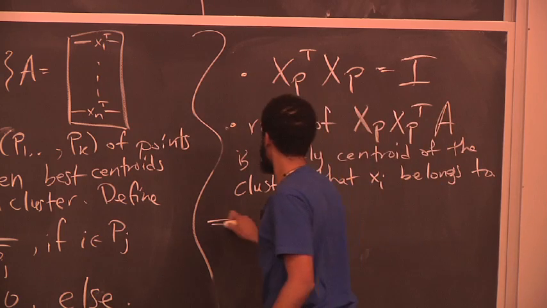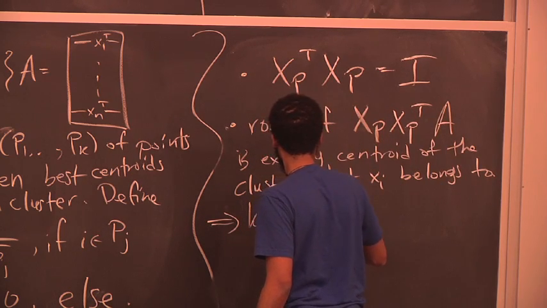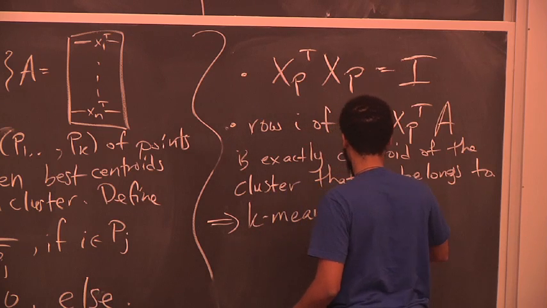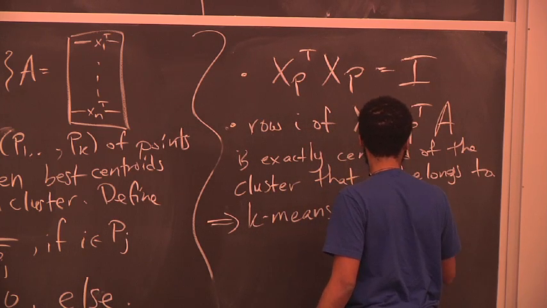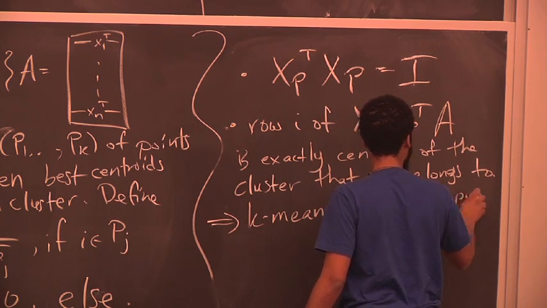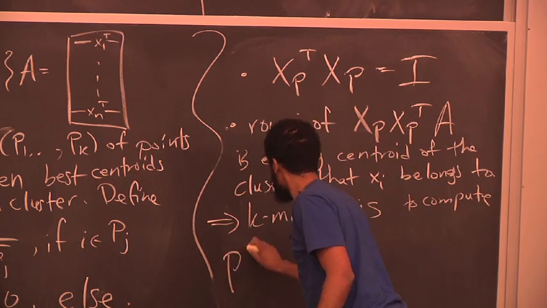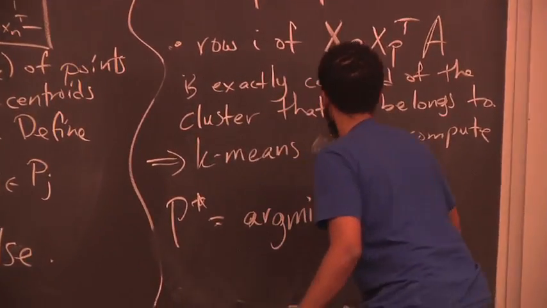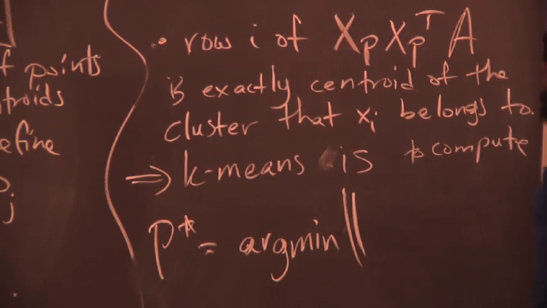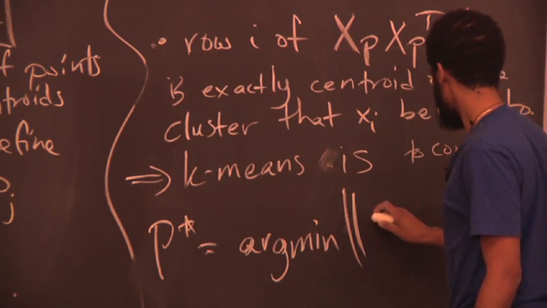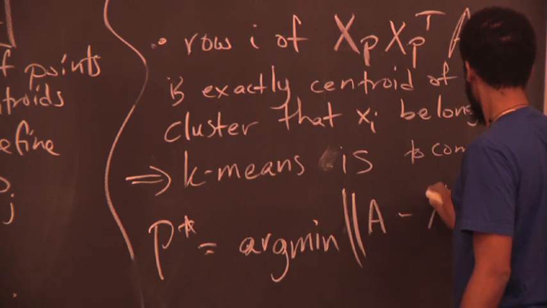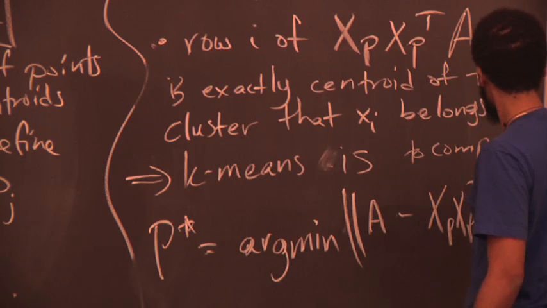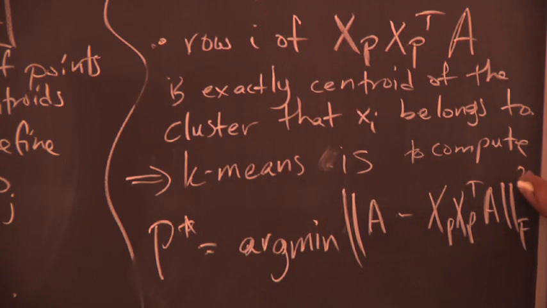Which implies that k-means is to compute the optimal partition which minimizes the norm of A minus XP XP transpose A. What is this?